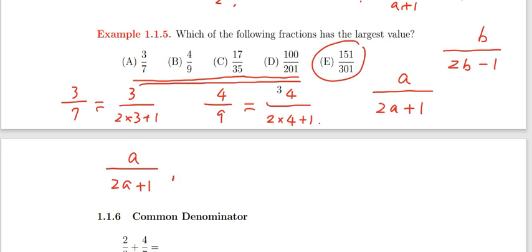So we check the two ending cases: a equals the smallest number, a equals 1, or a is very big, a equals infinity. If a equals 1, this is 1/3, right? If a equals infinity, a/(2a plus 1), a is very, very large, so we can forget this 1. So it's just a/2a, just 1/2, right?